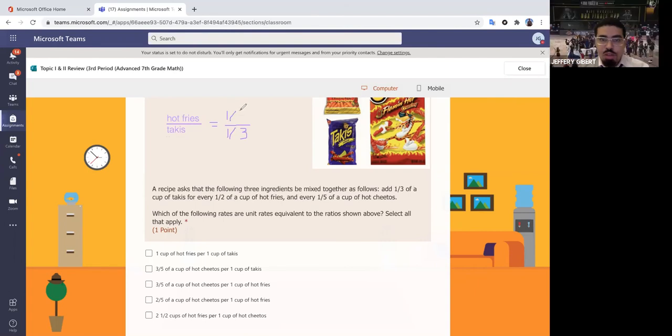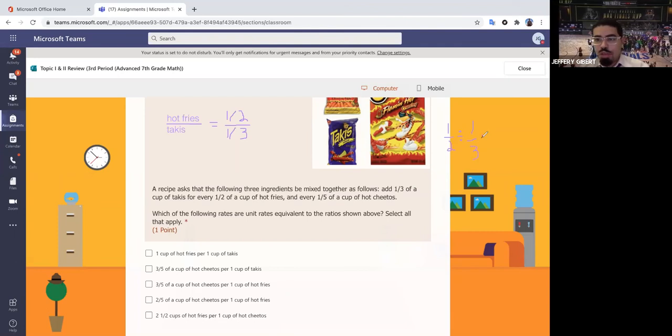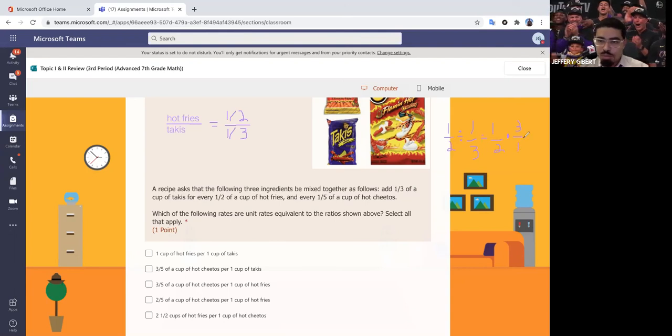So to get the unit rate, you do the top divided by the bottom. So we got to do 1/2 divided by 1/3. And you keep the first fraction the same, change the operation to multiplication and flip the second fraction so it's reciprocal.